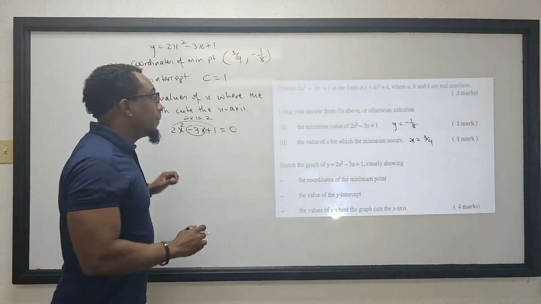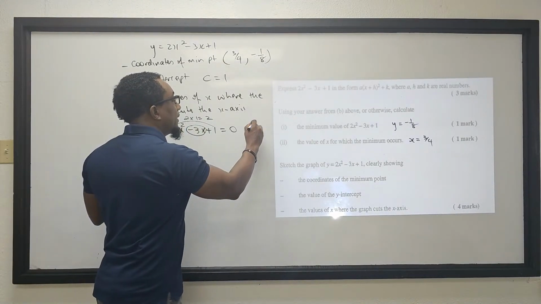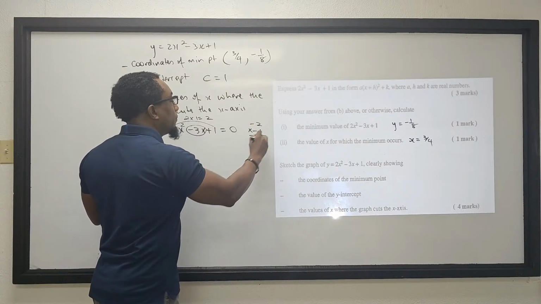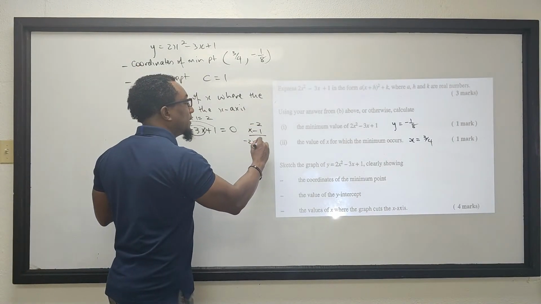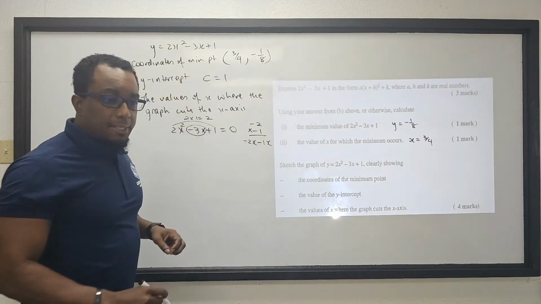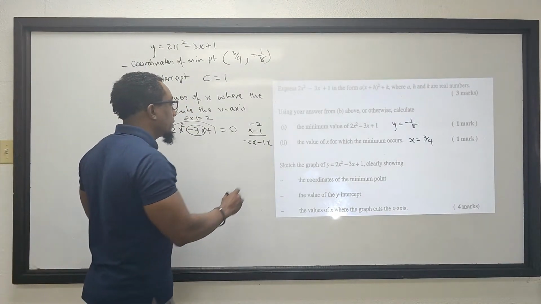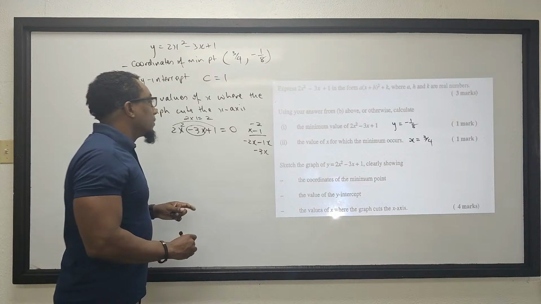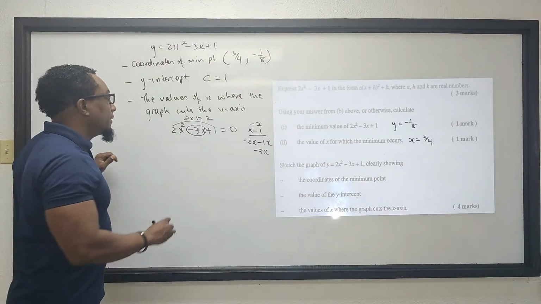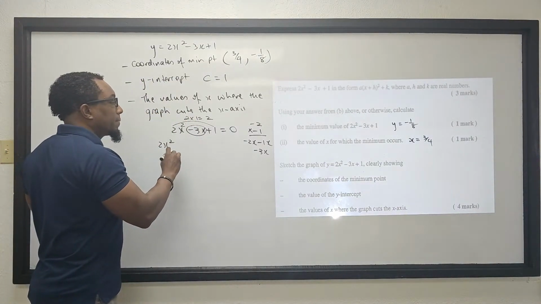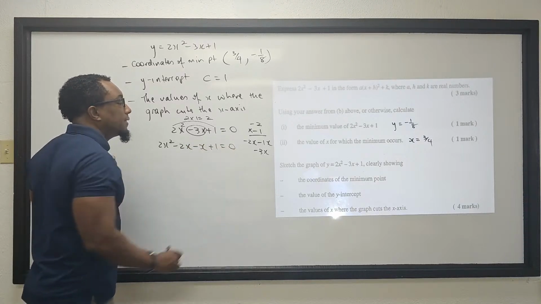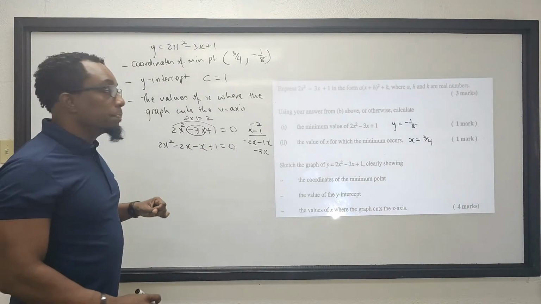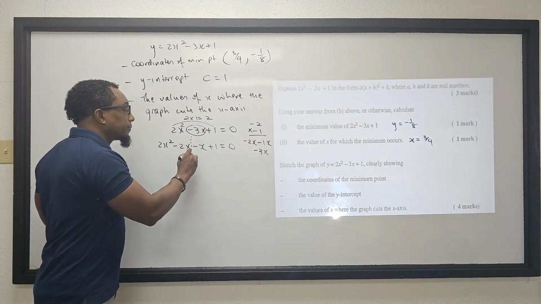The two factors will be negative 2 by negative 1, which gives me positive 2. But negative 2 attached to x and negative 1 attached to x will give me negative 3x, my middle term. So I'm going to rewrite the expression on the left as 2x squared minus 2x minus x plus 1 is equal to 0. I'm going to split now into two pairs.